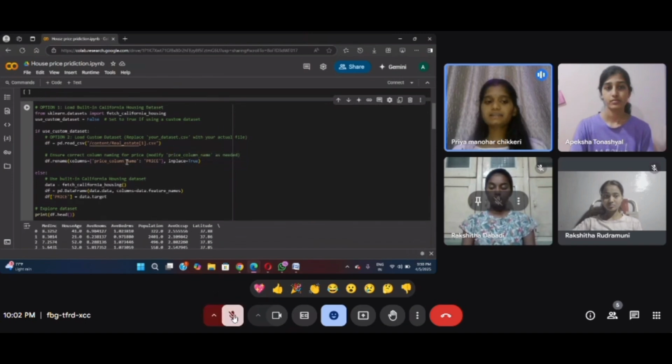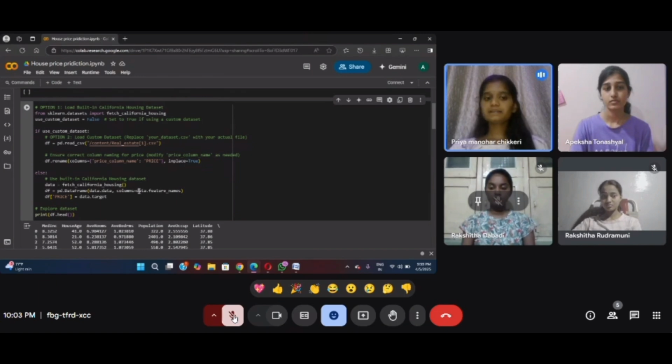The dataset is either loaded from a built-in source or from a custom CSV file, depending on the choice of use custom dataset. Pre-processing the dataset.